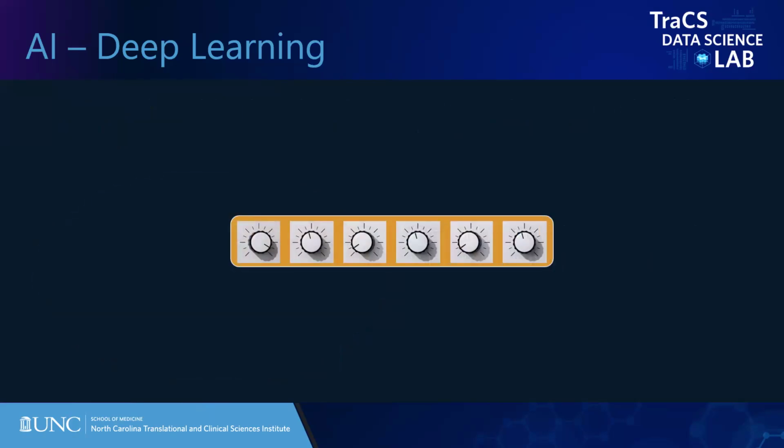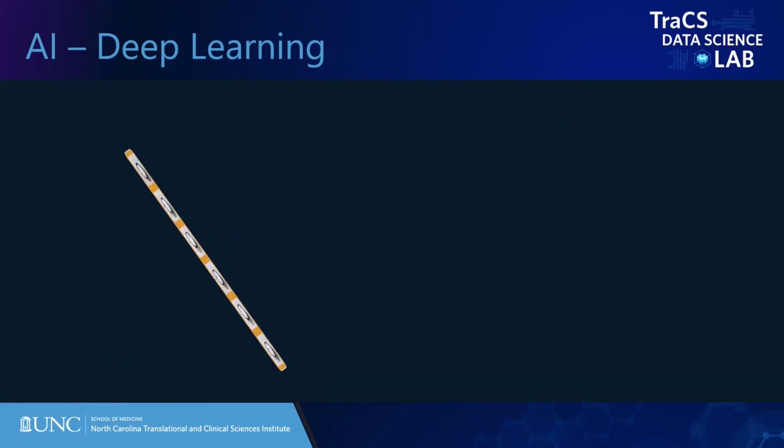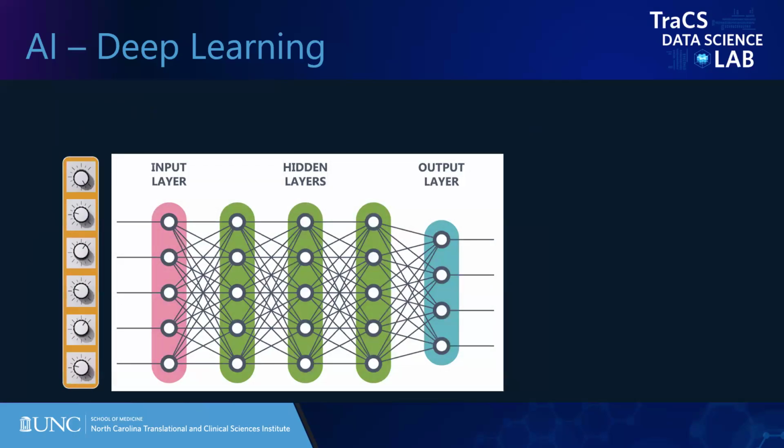So recall our algorithm from before. We said it was like this series of adjustable knobs. In deep learning models, these are designed to use layers of computation, where now each one of these layers is like a series of adjustable knobs. And the knobs in one layer can connect to the knobs in the next layer in complex ways.